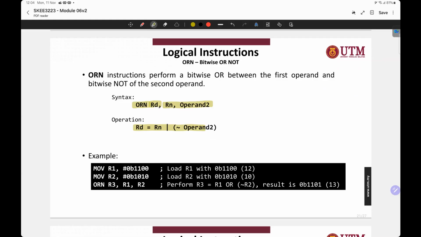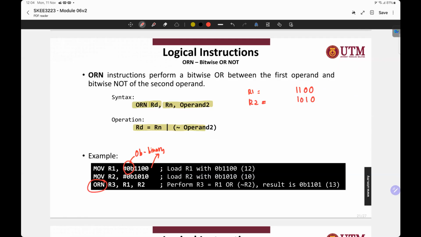Let's take an example here. MOV R1, 0B1100. How do you know this is binary? Because this is 0B, which stands for binary number. So R1 is 1100, and then R2 equals 1010.